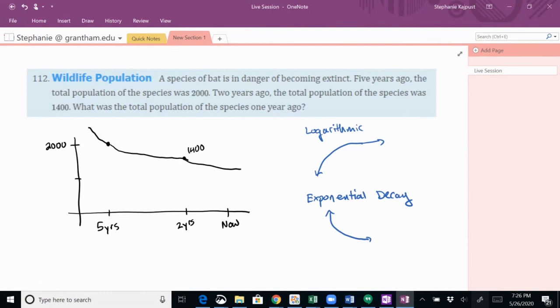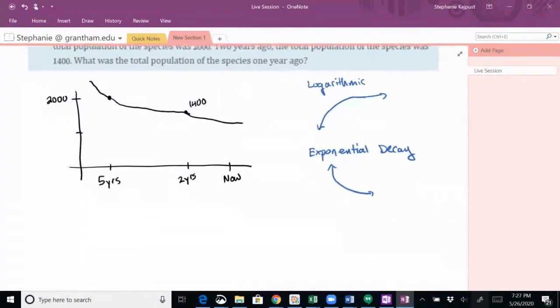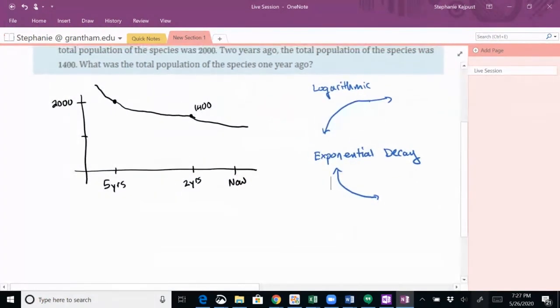Now, ours doesn't look exactly like that because we have only 2 points, so we can't really determine what the nice looking shape is. But this at least gives us information that we can see the general shape. So now that we've determined that, we're going to use an exponential decay model.